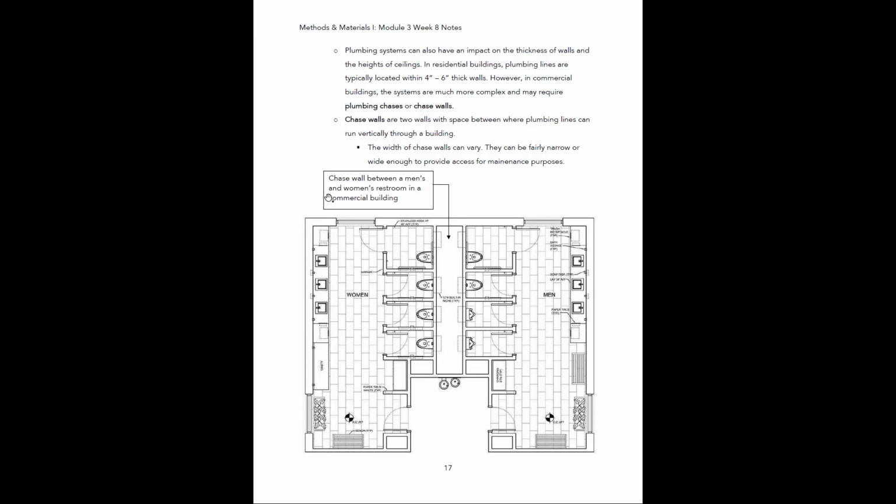All right, but usually when you're looking at a floor plan of commercial space, you'll just see a scenario of what you're looking at right here, where we just have two walls and we just have this kind of void space between them where our plumbing is going to be going within the building.